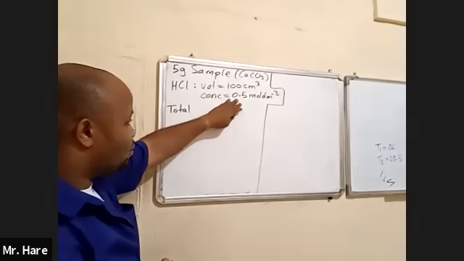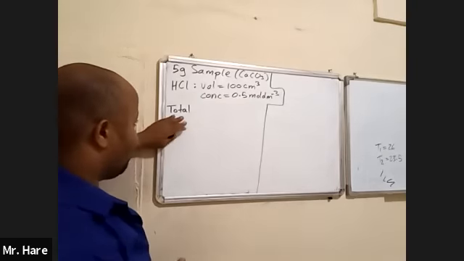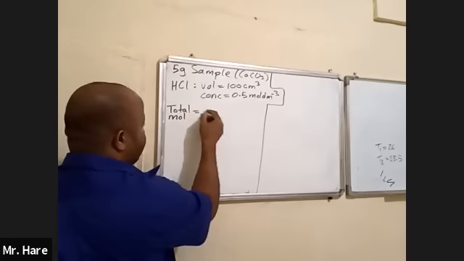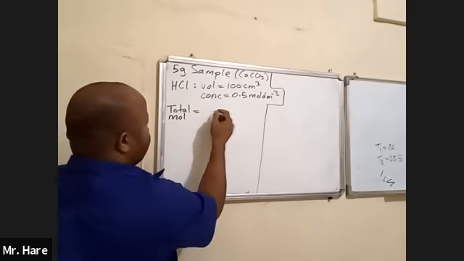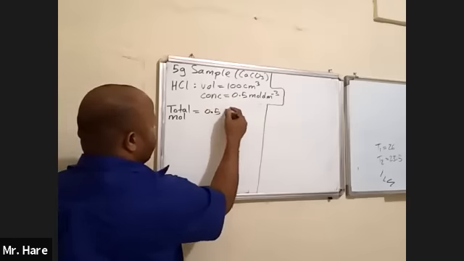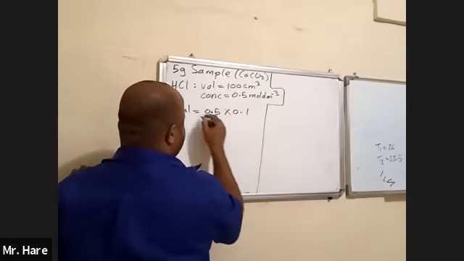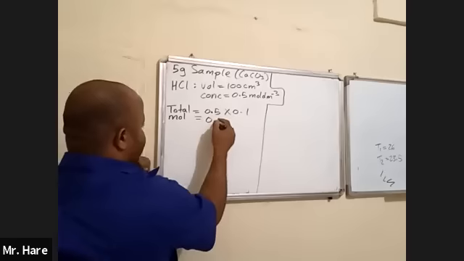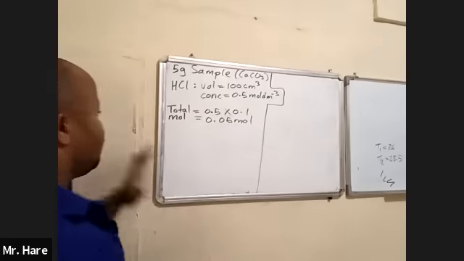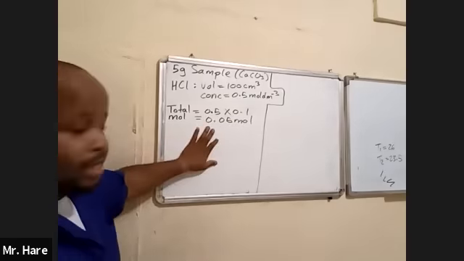So whatever you start out with is the total. The total moles of HCl is 0.5 moles per dm³ times 0.1, and we said this was 0.05 moles. So you work out the total moles of HCl.